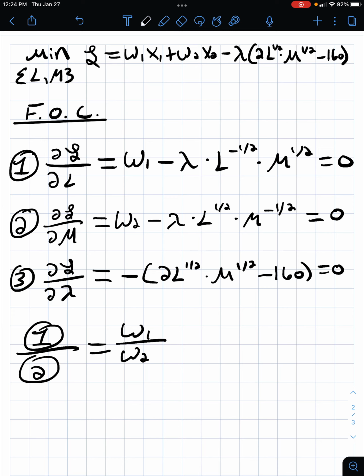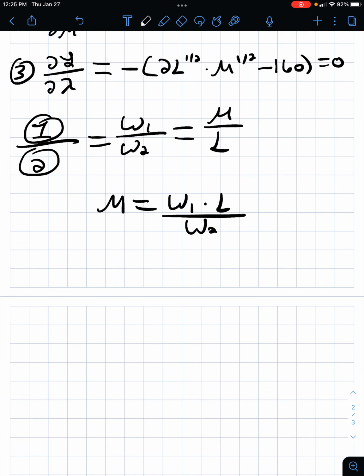And then we take the minus lambda L and move it to the right hand side. If you do that, you'll find that we get M over L. So if we solve for M, this will give us M is equal to W1 times L over W2.